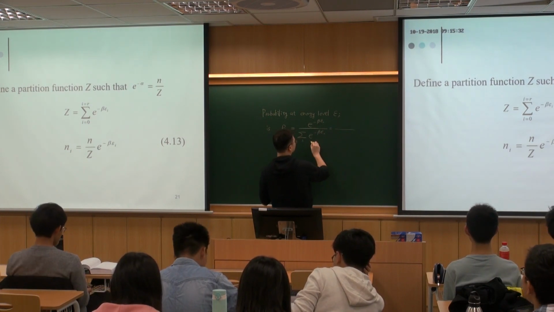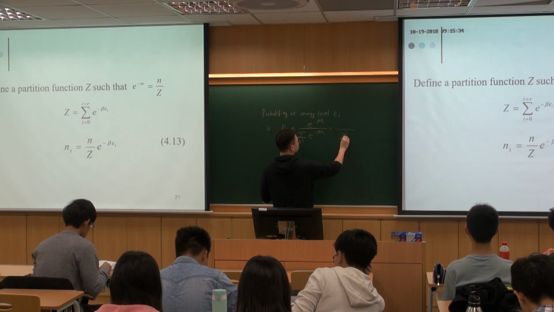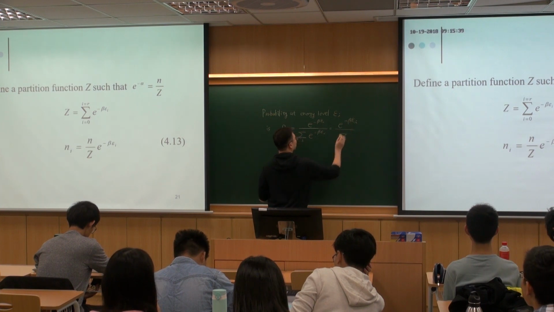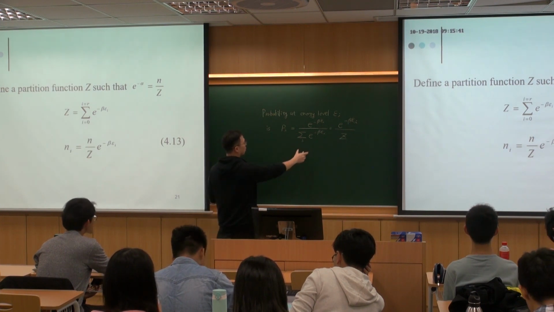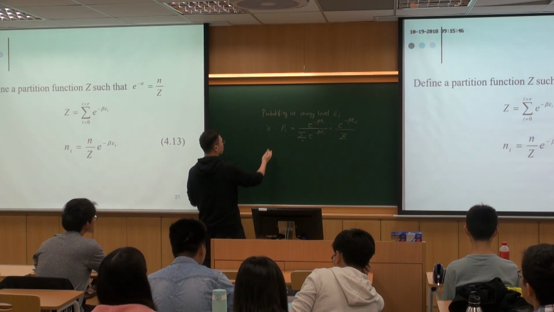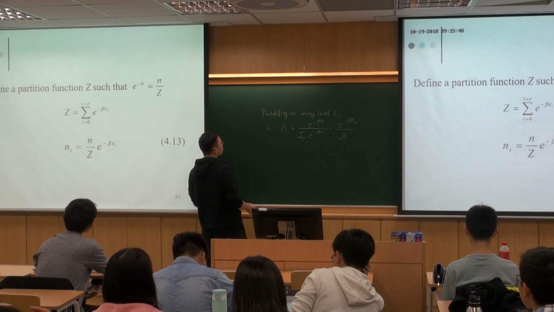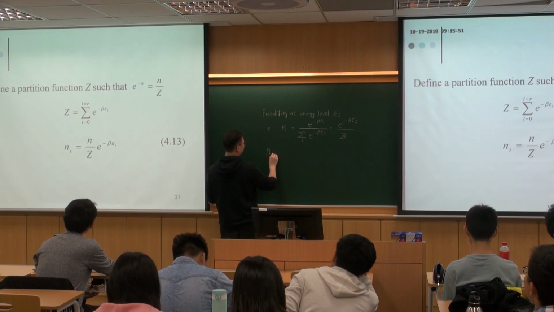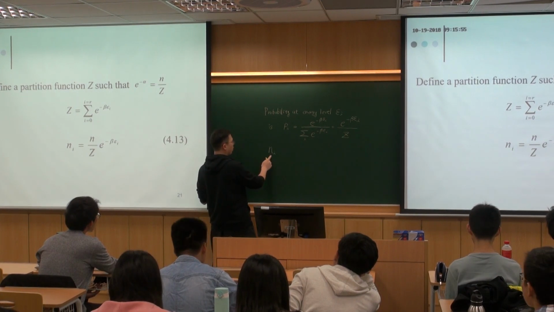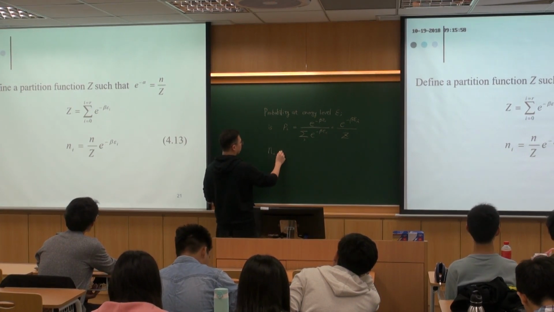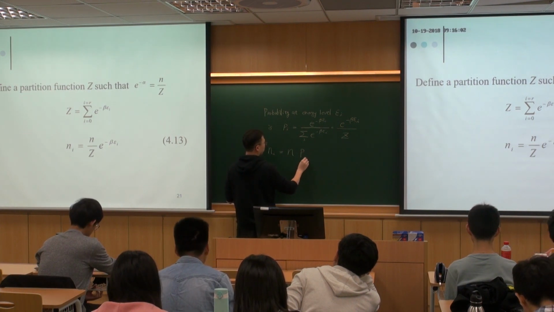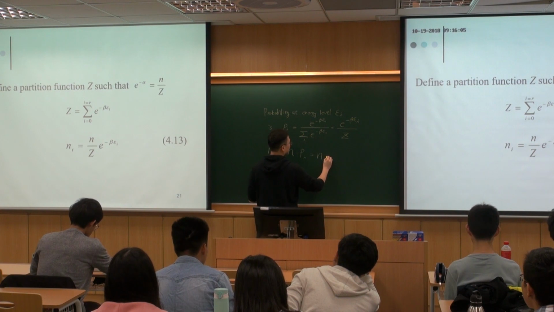The denominator is the partition function, so it covers all kinds of possibilities, and the numerator is the possibility of being in this state. So this is the probability. Therefore, if you want to find the expectation value of having particles at this energy level, it will be the total number of particles times this probability.